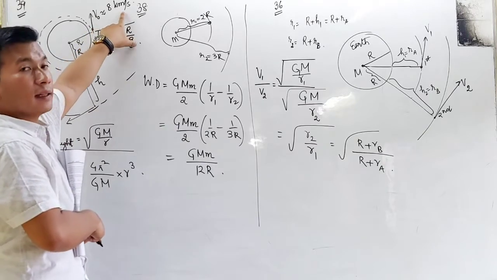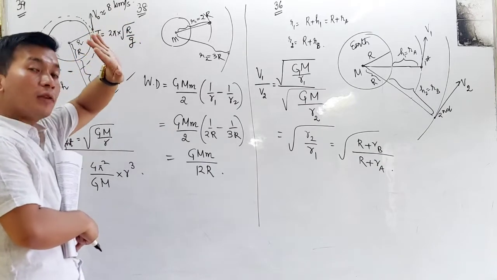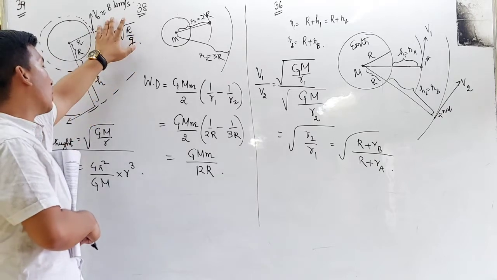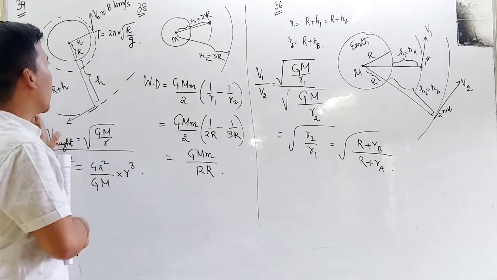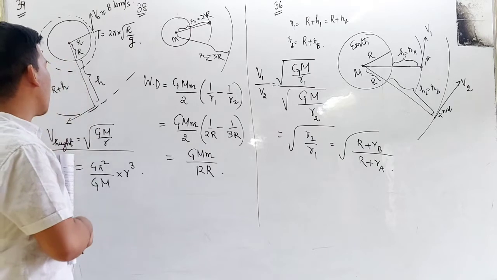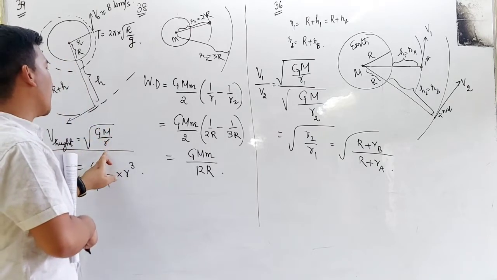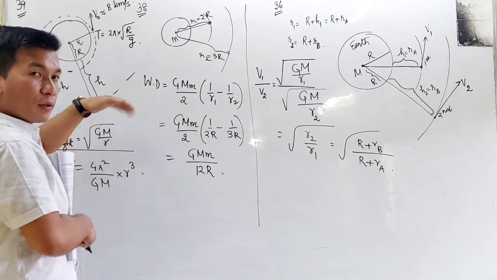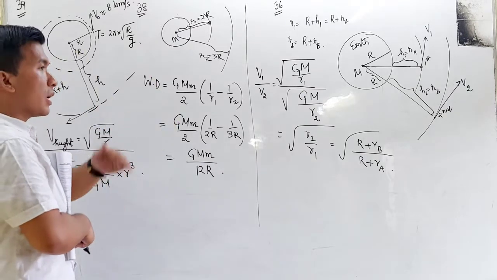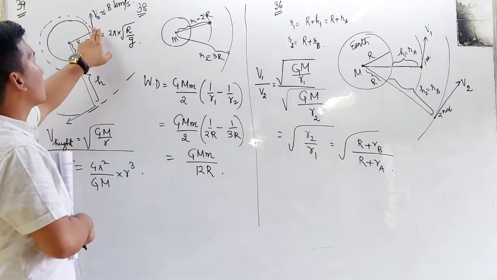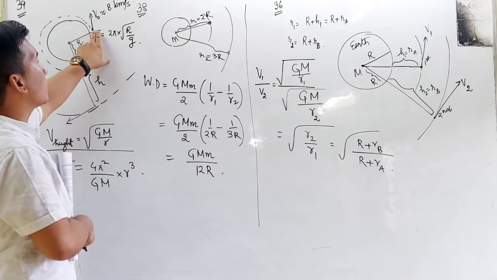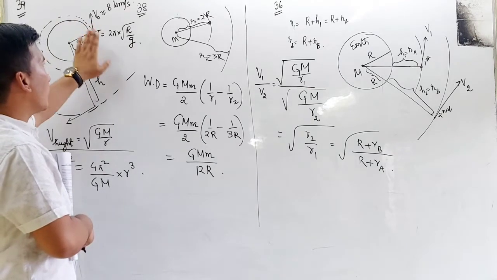What will be the expression at any given height? It is root over capital G M divided by small r for the velocity. Now what about the time period?